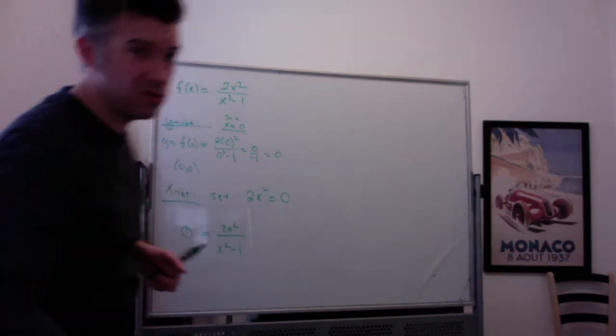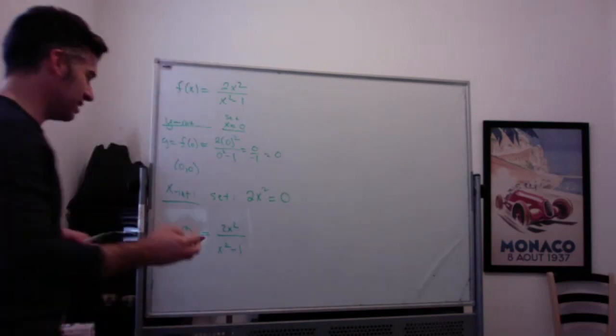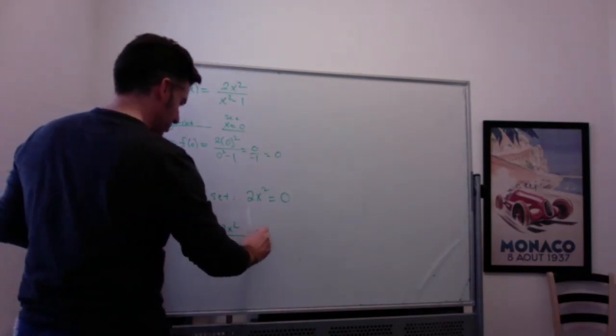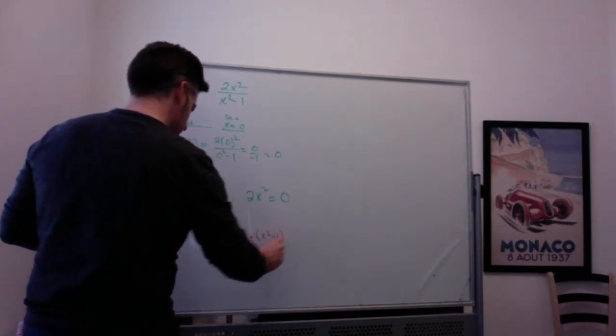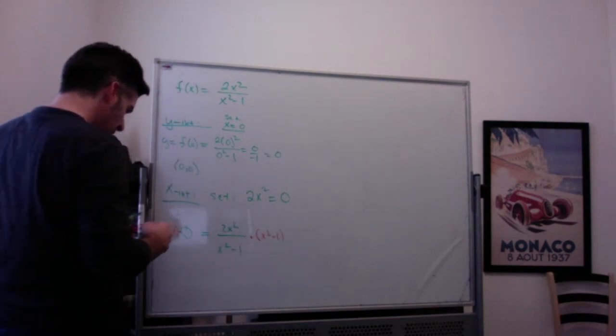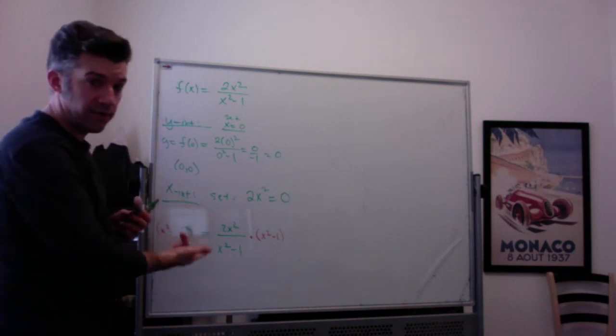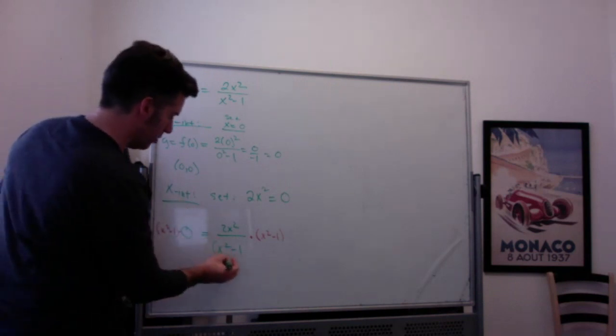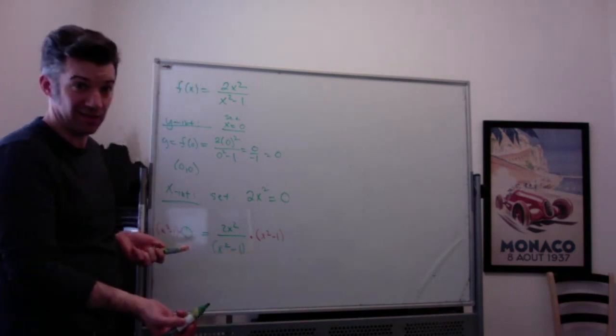Then what I'm going to do is multiply both sides by this denominator. And here's the thing. When you multiply a fraction by its own denominator, those denominators cancel out.